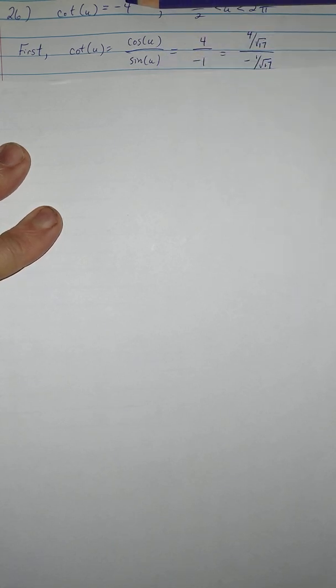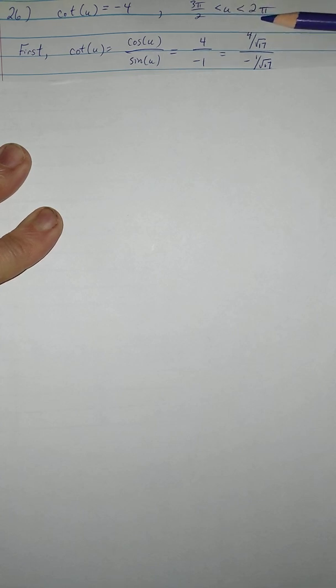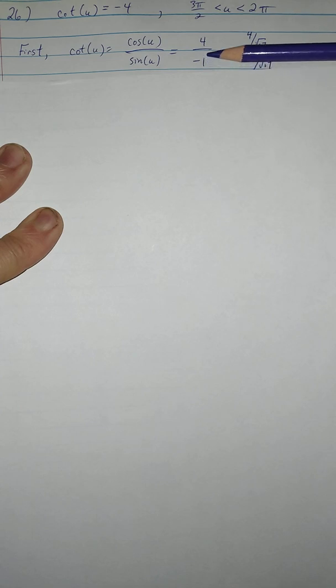And I rewrote -4 as 4 over -1. Notice I put the negative in front of the 1. That's because, since I noted I'm in the fourth quadrant, in the fourth quadrant, x-coordinates are positive, y-coordinates are negative, so I allowed that negative to go to the sine value and not the cosine value.